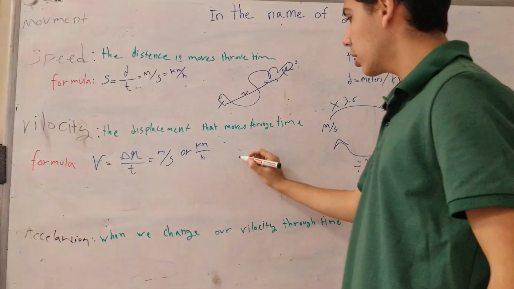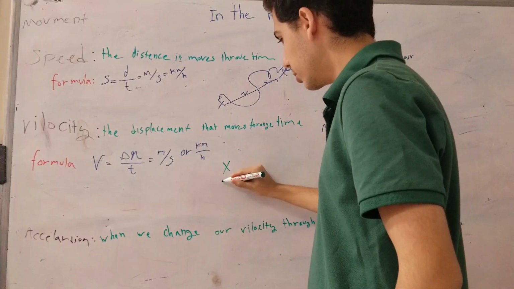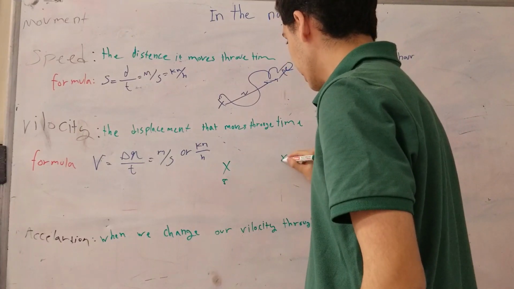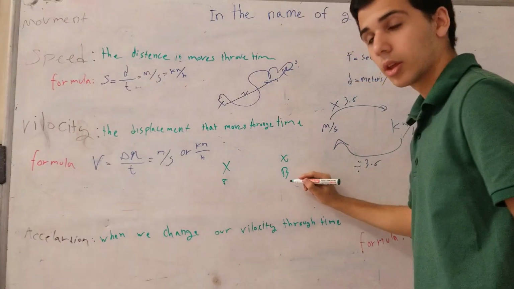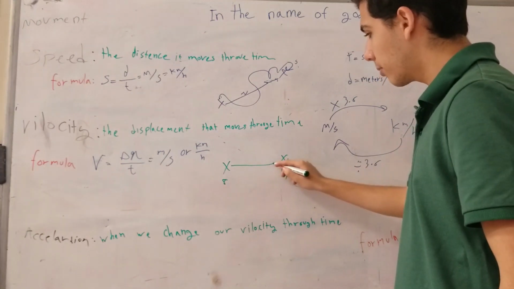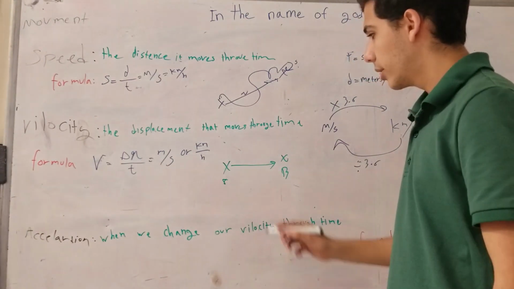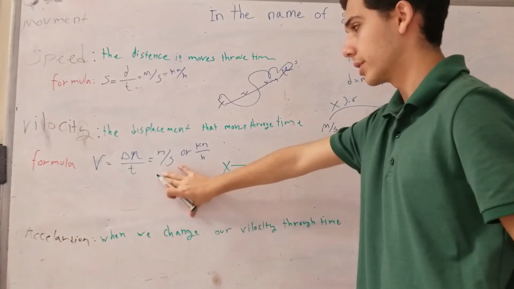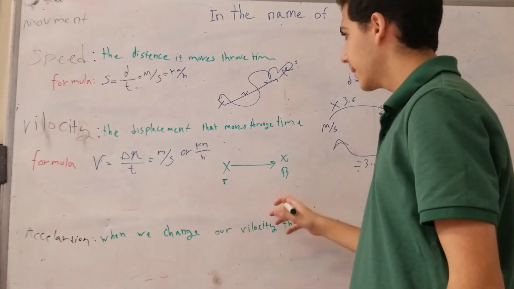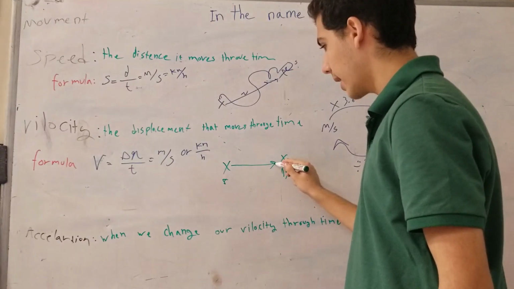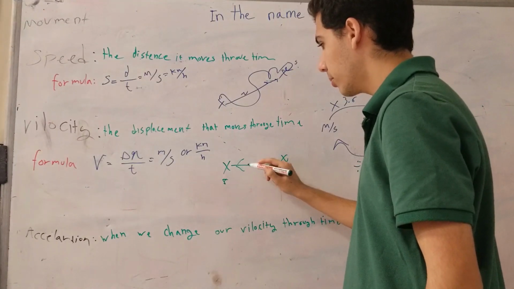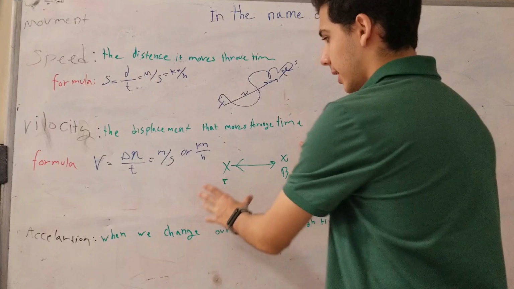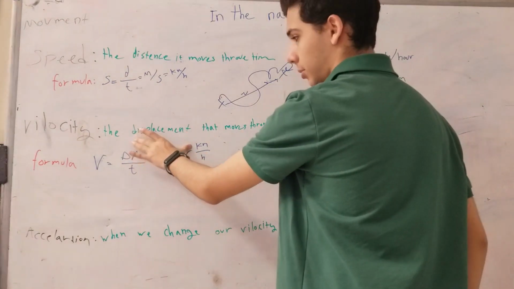If we are here, this is point A, and this is point B. If we want to get from here to there, this has its own velocity. But if we go back to where we came from, then our displacement will be 0.